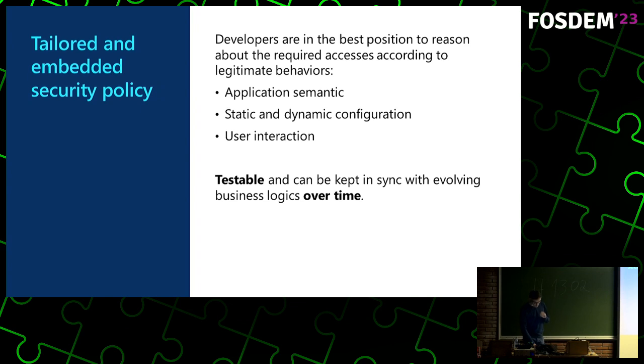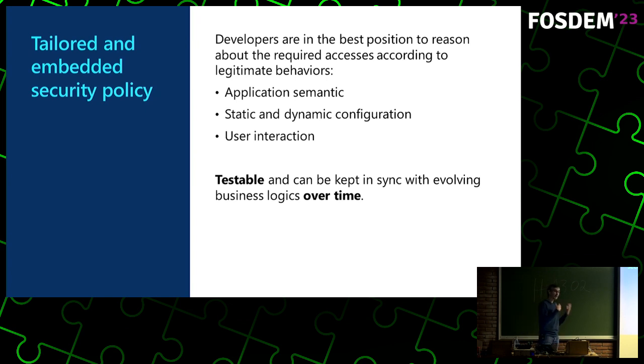One really interesting point is that as a developer, you want to test what you do, and you want to get guarantees that whatever you're developing is still working. Being able to embed security policies in your application makes it possible to test them the same way that you can test every other feature.